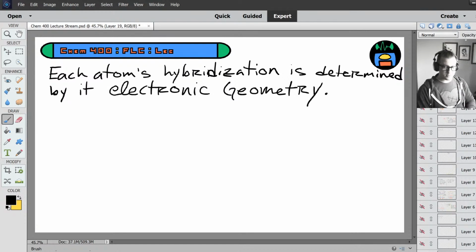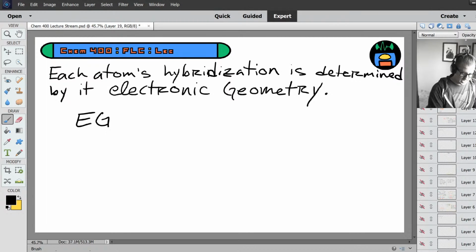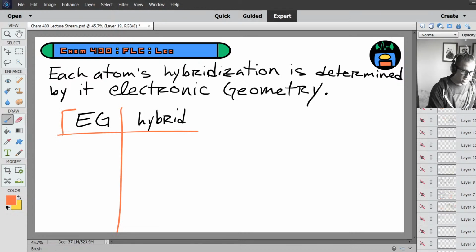Each atom's hybridization is determined by its electronic geometry. The electronic geometry tells you the number of orbitals you need to hybridize in order to form that structure.